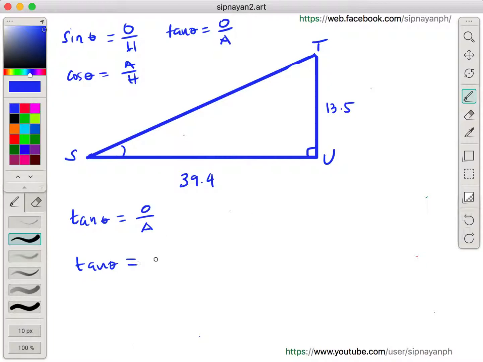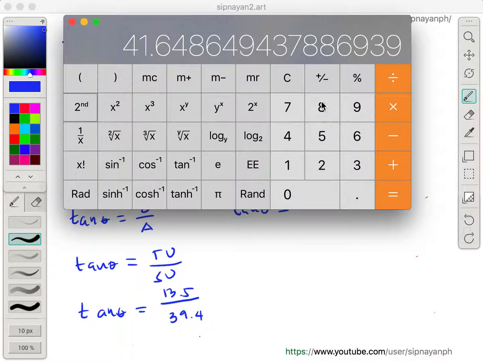This is 13.5, TU over SU, which means that tangent theta is 13.5 over 39.4. So tangent theta is equal to, I'll check natin sa ating calculator.